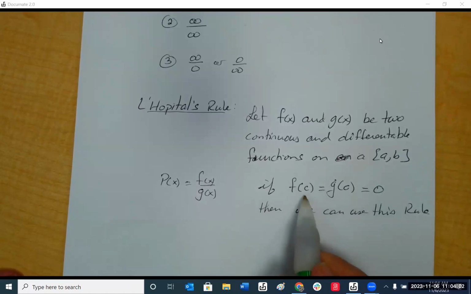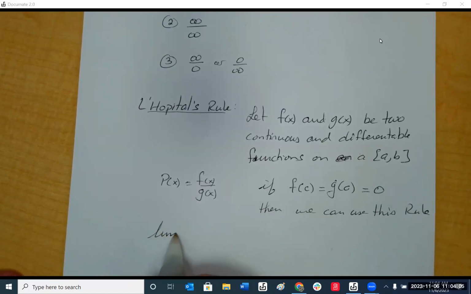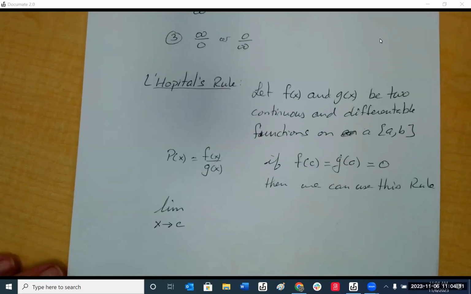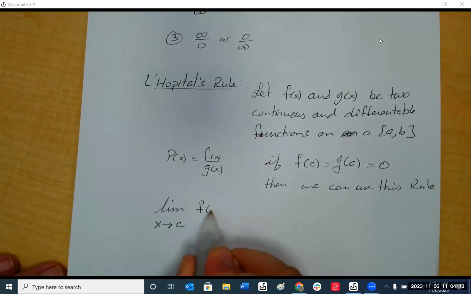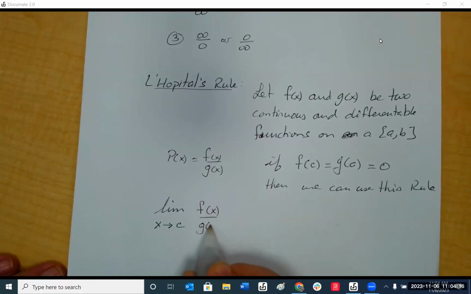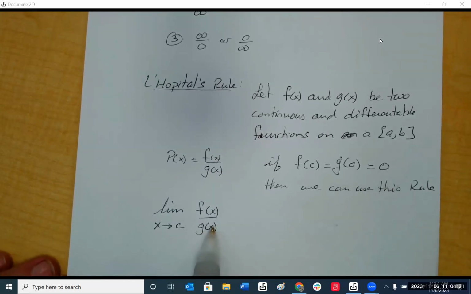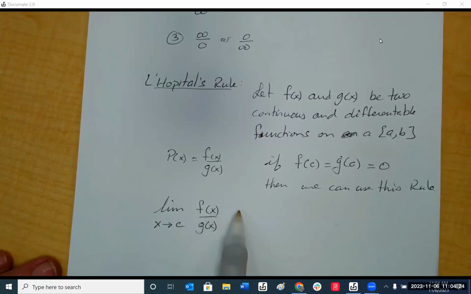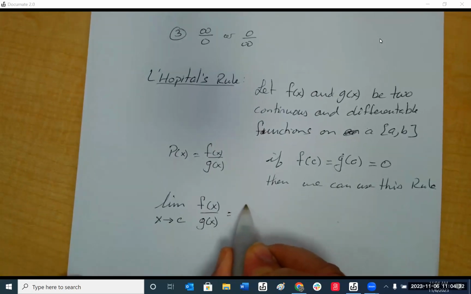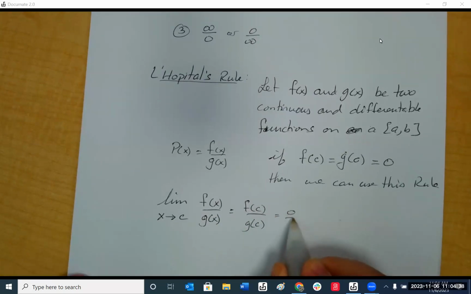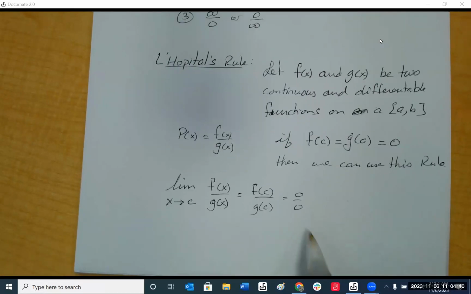Because if f of c equals g of c equals 0, then we take the limit of this, it equals 0 over 0. So it meets one of the forms, because that means it's indeterminate.